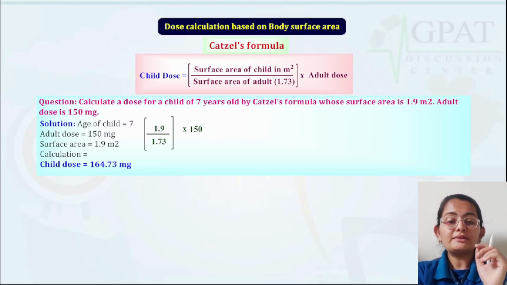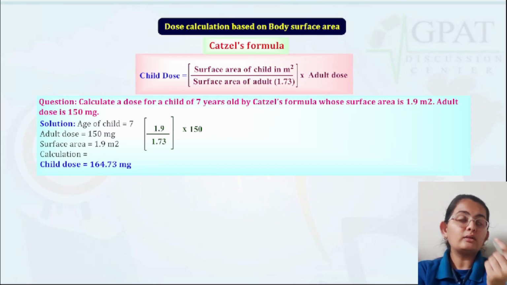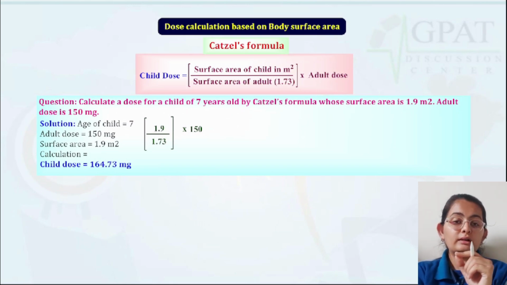So a straightforward question can be asked, like based on which category the formula is used. They can also ask which among the options is the age based dose calculation, and you have options as Clark method, Hetzel method, Fried's formula, and none of these. Then you must know that Fried's formula will be the correct answer, right?